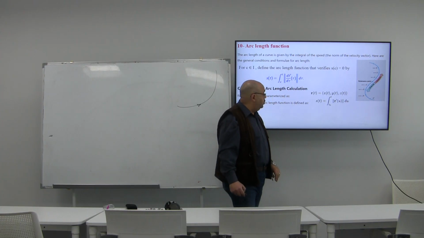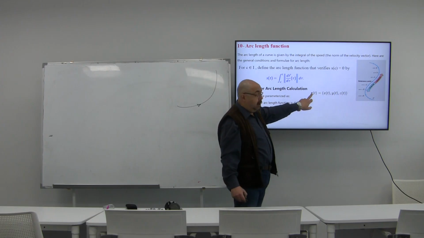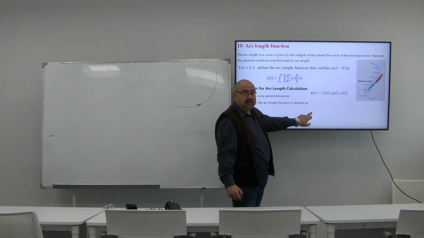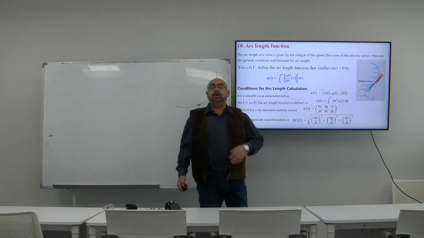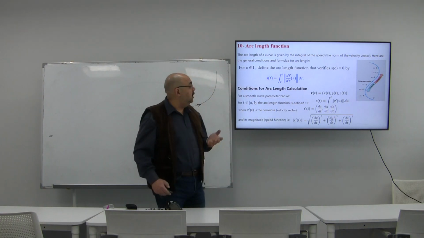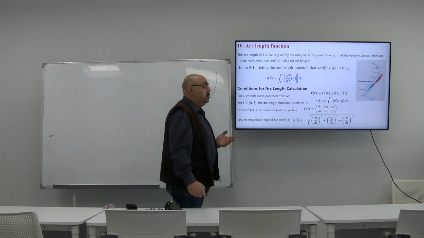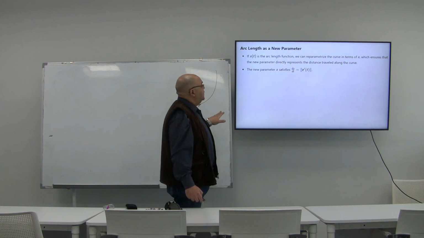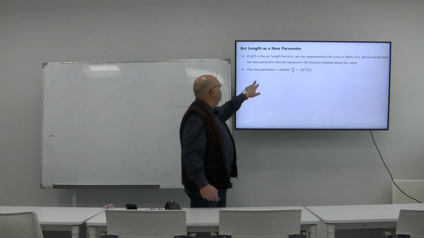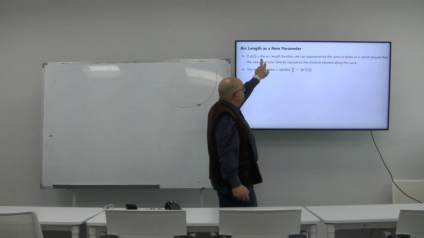So once more, all I have to do is get r, differentiate it, then get the magnitude of this vector, then do the integration, and we will have our function that represents this arc length. Arc length is a new parameter. Now I can consider s of t as the arc length function.